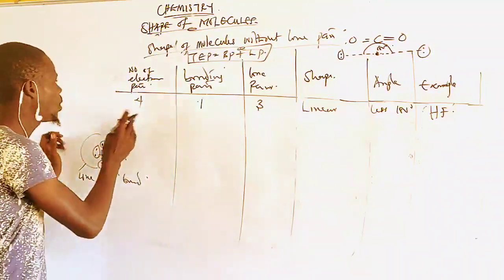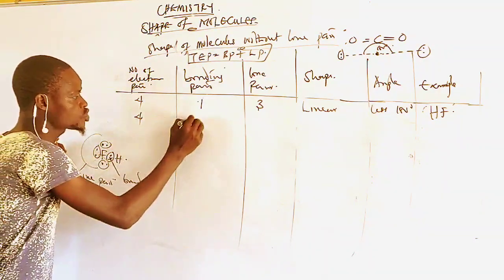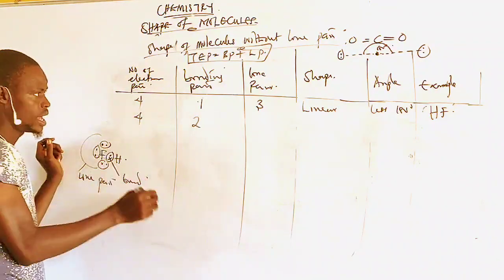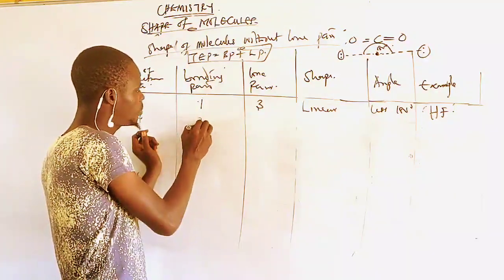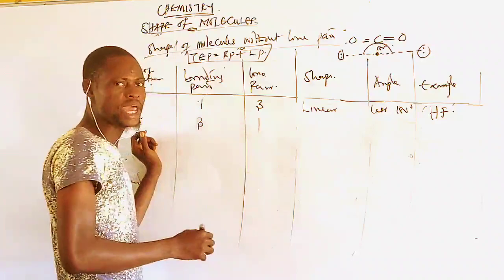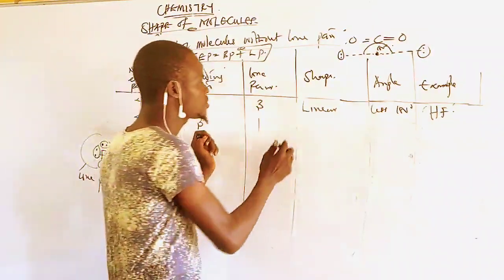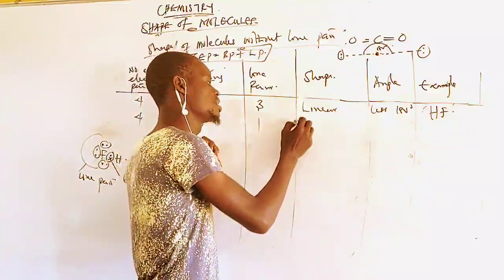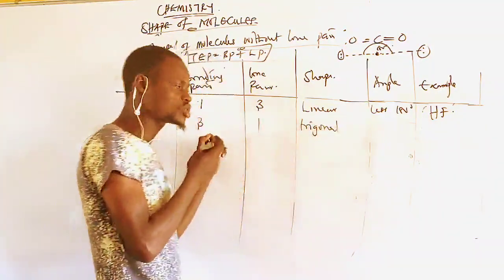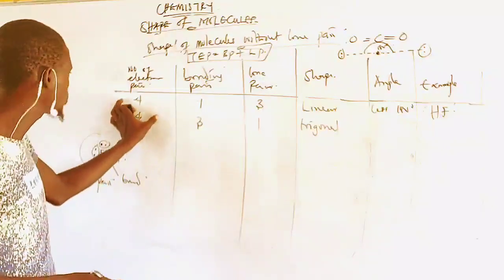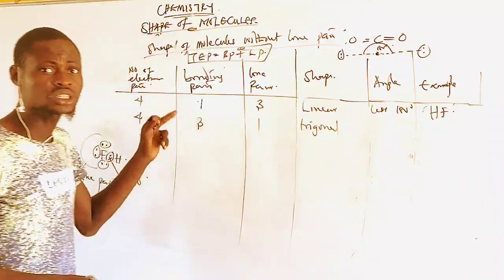Now, when the number of electron pairs is 4 and I have 3 bond pairs and 1 lone pair, the lone pair is 1 and the bonding pair is 3. It's supposed to give us a tetrahedron, because the total number of electron pairs is 4.